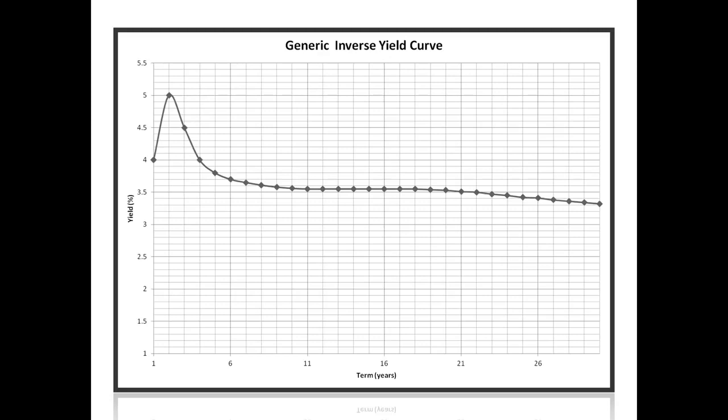But as you go into the duration, you can see how this chart is going down. So the 30-year bond is below 3.5%, but if you're lending your money in the short term, you're actually making more. So that really doesn't make much sense. But as we discuss further in this lesson, you're going to understand why and when you'll see a chart like this, which is very, very rare. You won't see one like this very often.